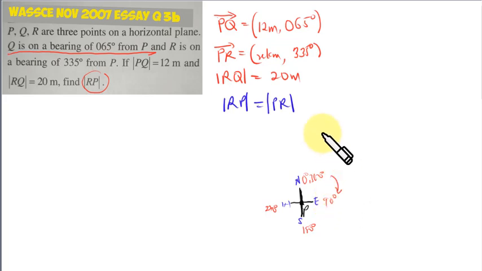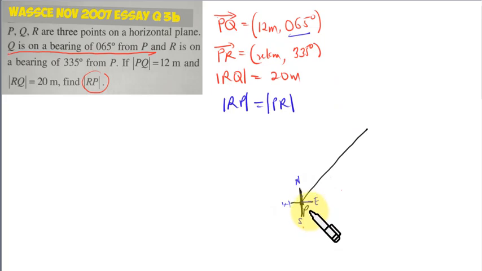All right. So if I have from P, I'm going to Q, and the bearing is 65 degrees, then that means that I have to measure from the north here. I have to measure from the north, and from north to east, this is called the first quadrant. So between north and east, the angle here is 90 degrees. So I'm going to find an angle which is 65 degrees here.